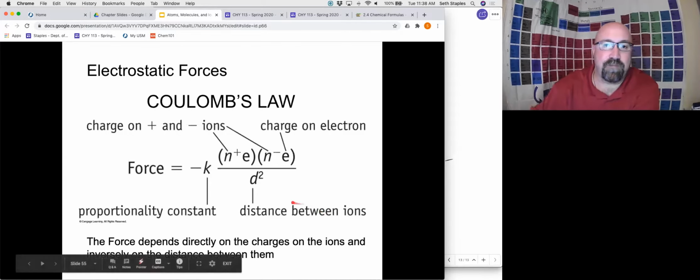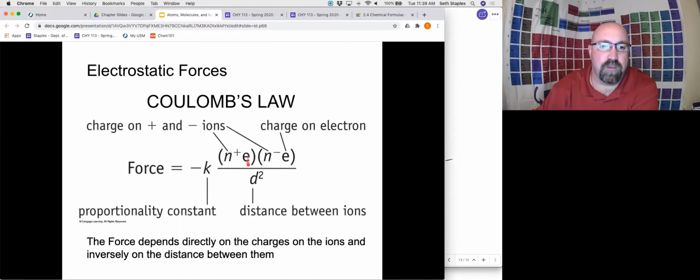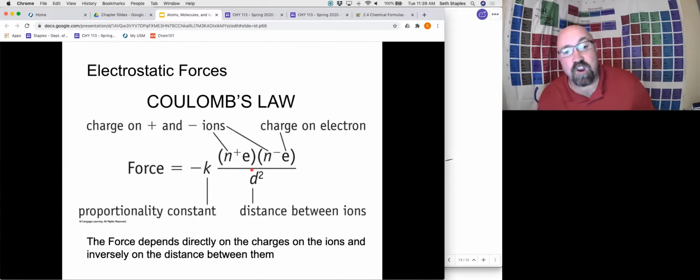If we look at some of the factors involved, we have the charges of the compounds up here in the numerator and the distance between them down here in the denominator. And so the force of attraction of the ions is directly proportional to the charges of the ions, and it's inversely proportional to the distance between the two ions.